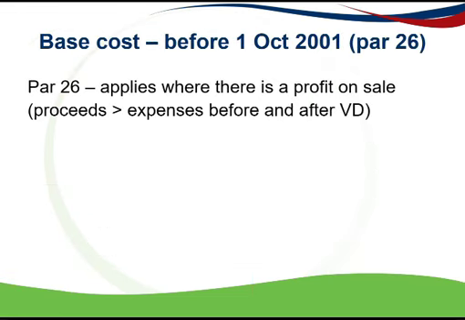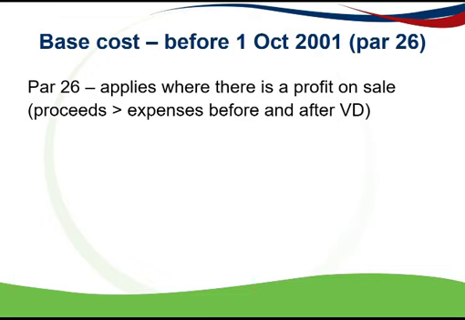Right, so let's have a look at how we would calculate the base cost for an asset purchased before 1 October 2001. We're going to look at a paragraph 26 situation, and that just means that we're sitting in a situation where there's a profit on the sale. In other words, the proceeds exceed the expenses that were incurred before and after the valuation date.